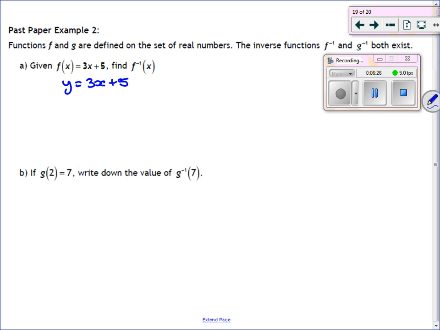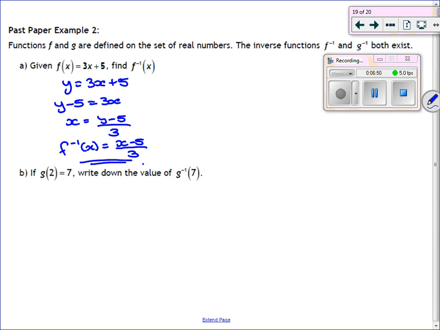So we get y minus 5 is equal to 3x. Divide both sides by 3. So we get x is equal to y minus 5 all over 3. f to the minus 1 of x is equal to x minus 5 all over 3.